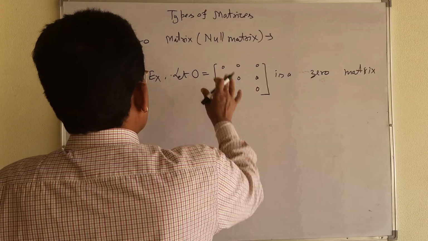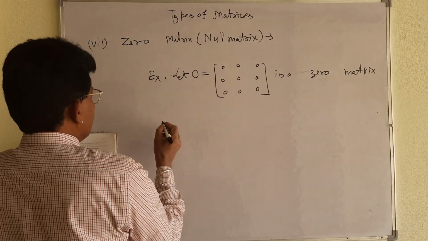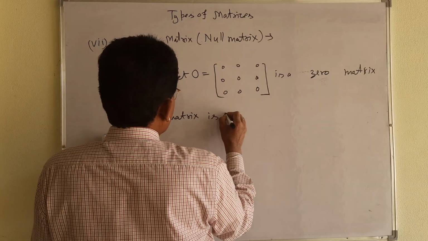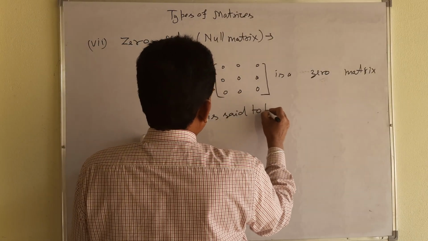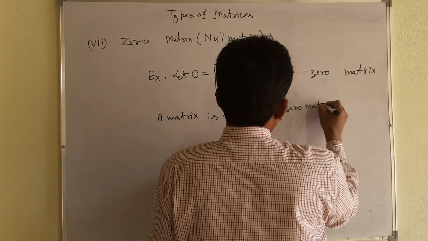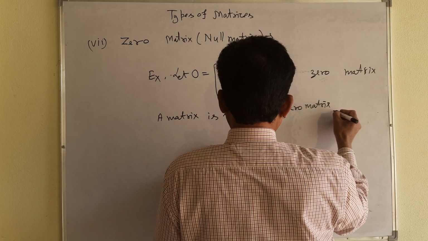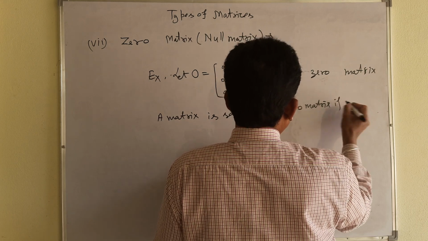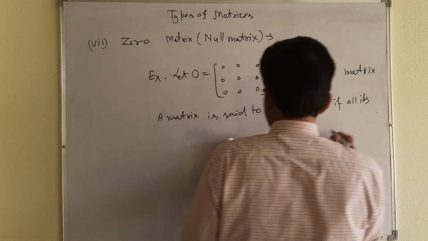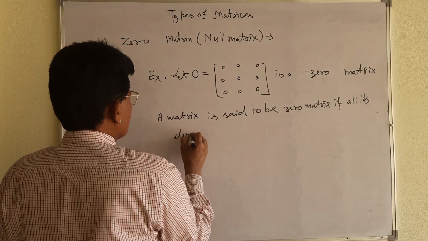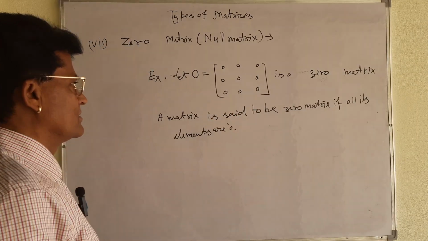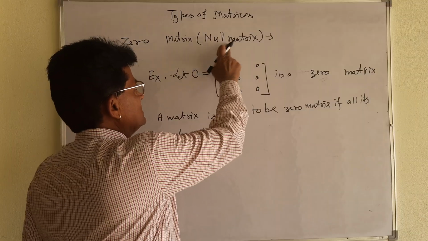I am just going to write, although the definition is clear from the example, a matrix is said to be zero matrix or null matrix if all its elements are 0. सभी एलिमेंट 0 होंगे. लिख दिया मैंने पहले.